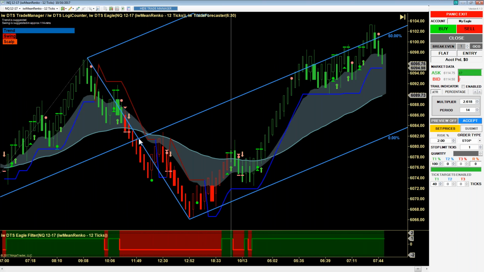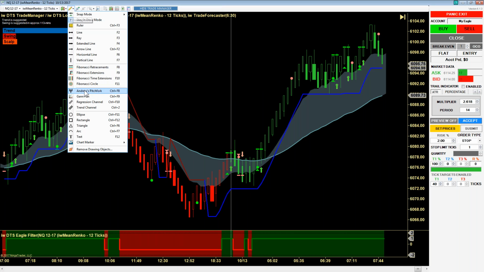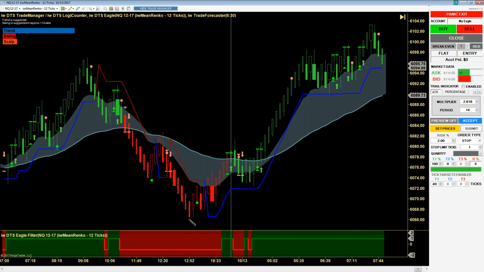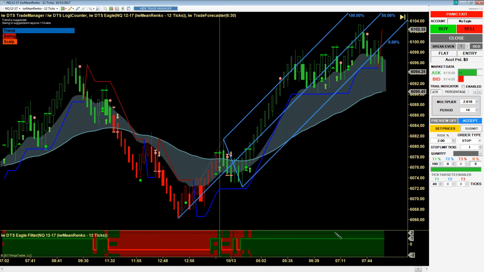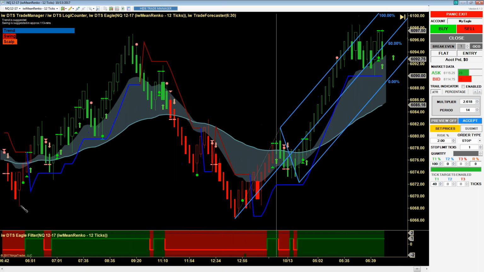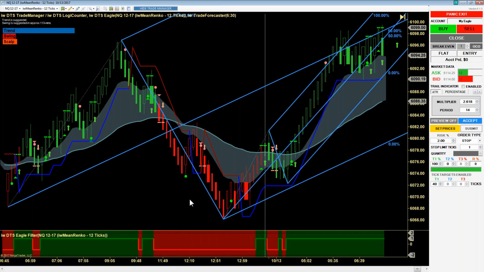But like I said, instead of looking at it as the bigger tool, people start micromanaging, and they'll do things like this. They'll start drawing mini little pitchforks, and then they'll have their big pitchfork overlaid, and it just all becomes very confusing.